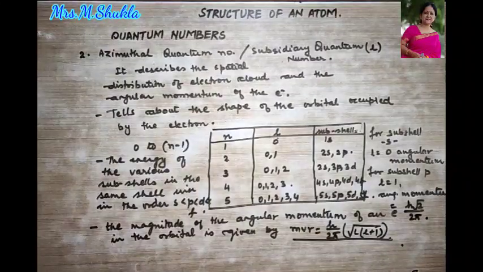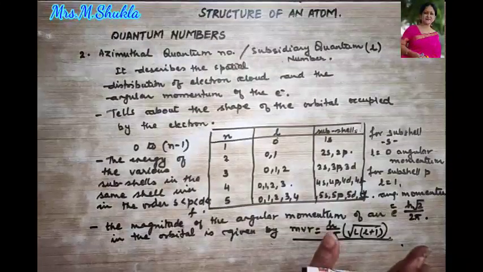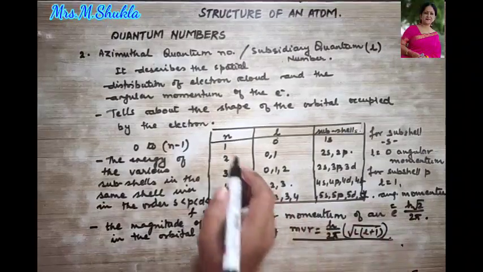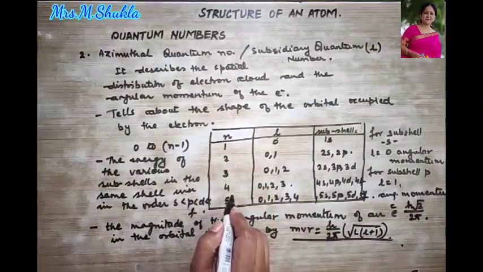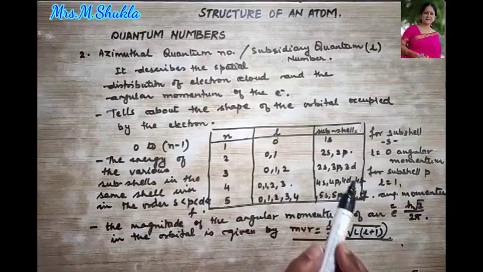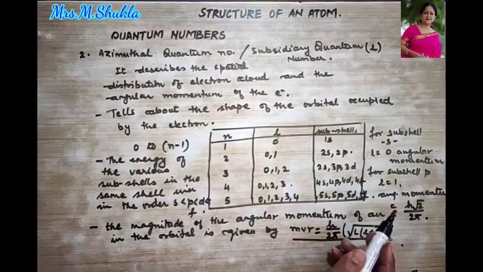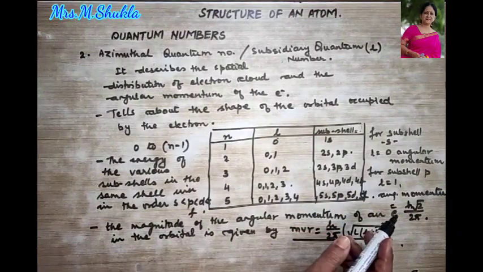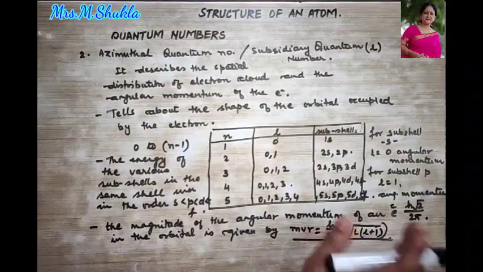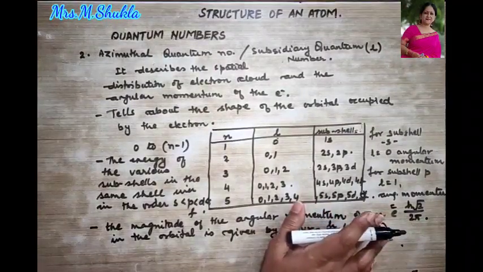So what does that mean? It means that the angular momentum does not depend upon the value of n. Thus the 2p, 3p, 4p, all these electrons will have the same angular momentum, right?